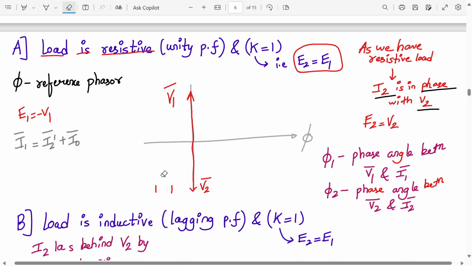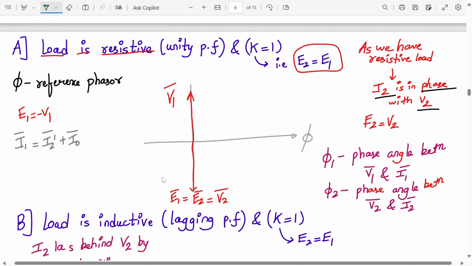Let me write it properly. So first of all, this was E1, which became equal to E2 because the transformation ratio is 1, and that is equal to E2, V2 bar. Now, tell me the difference between the I2 current and V2. What should be the phasor diagram?